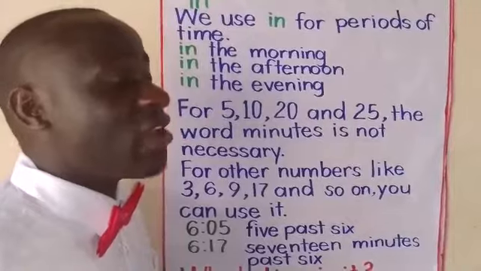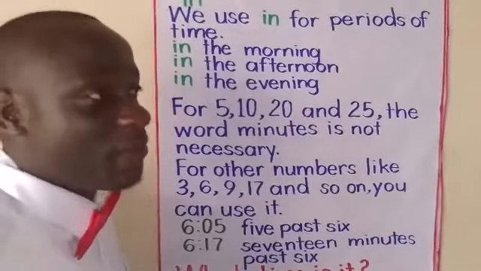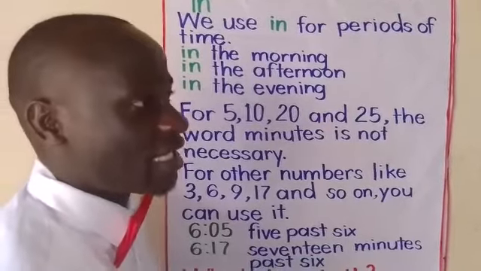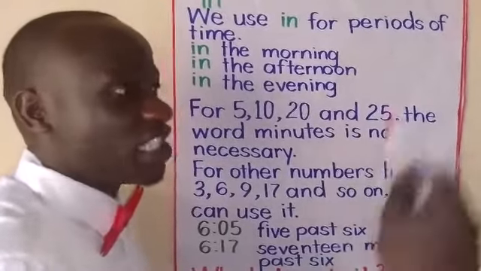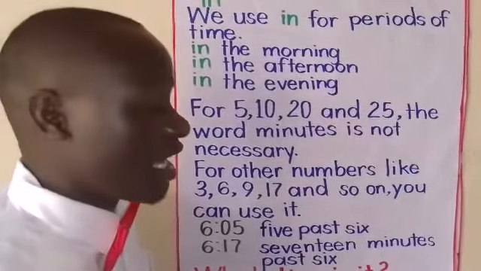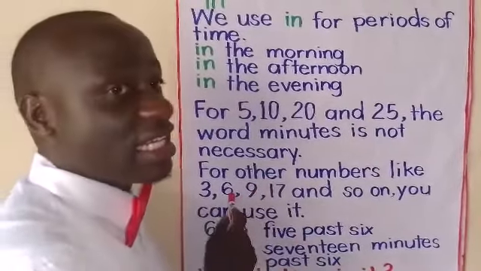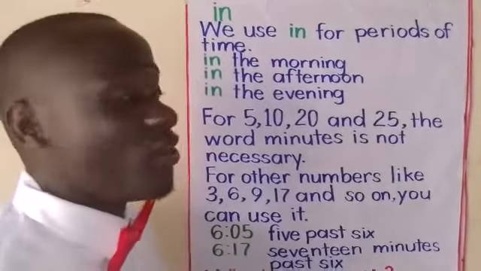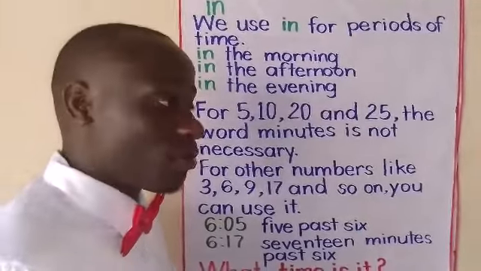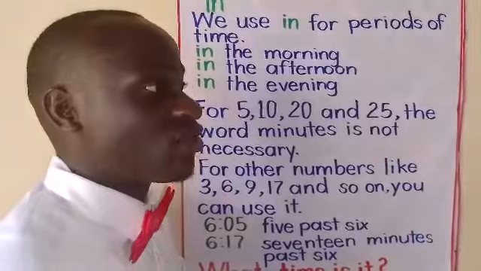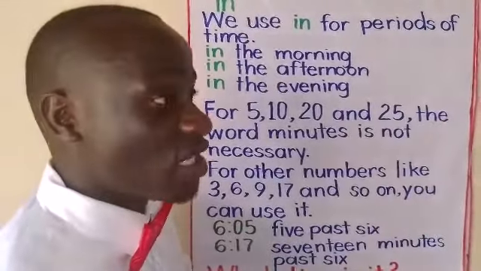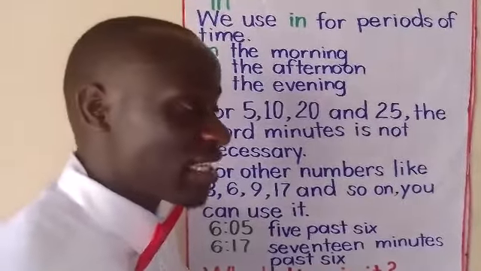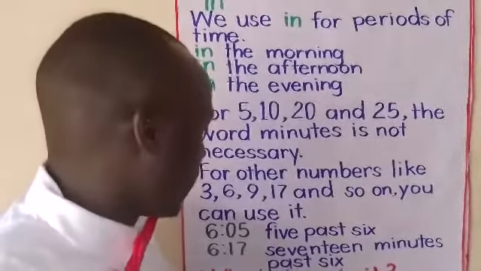For instance, you can say 5 past 9, 10 past, 20 past, 25 past, and so on. For other numbers like 3, 6, 9, 17, 23, and so on, you can use the word minutes. So the word minutes is not necessary for the multiples of 5.